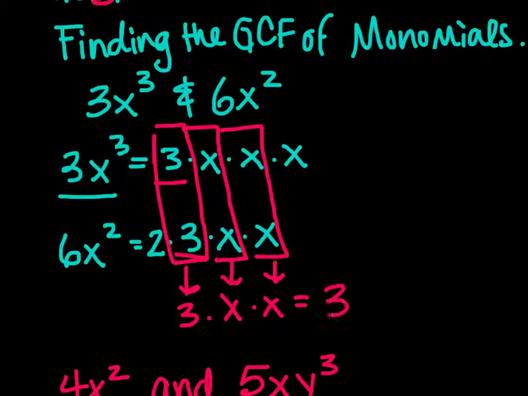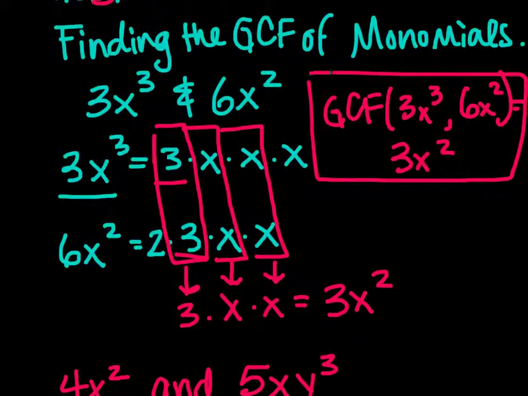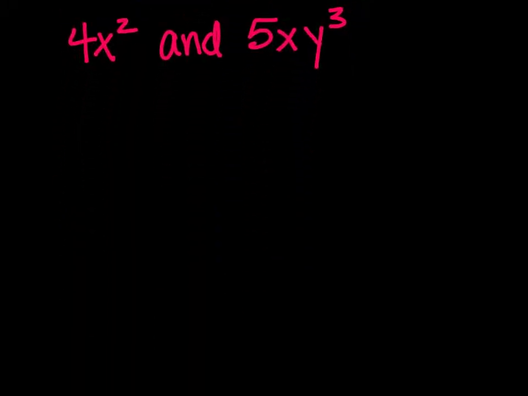So our greatest common factor is 3x squared. So the GCF of 3x to the third and 6x squared is 3x squared. Done. Cool. Last one, and then you'll be able to do the homework.